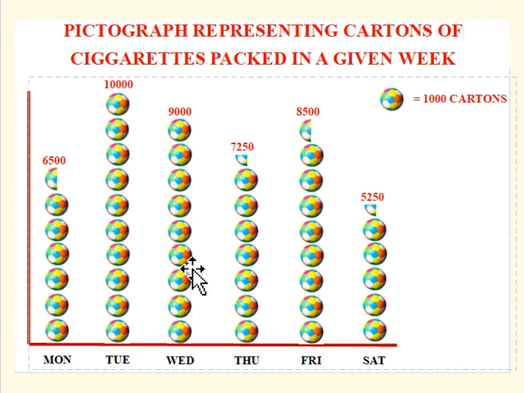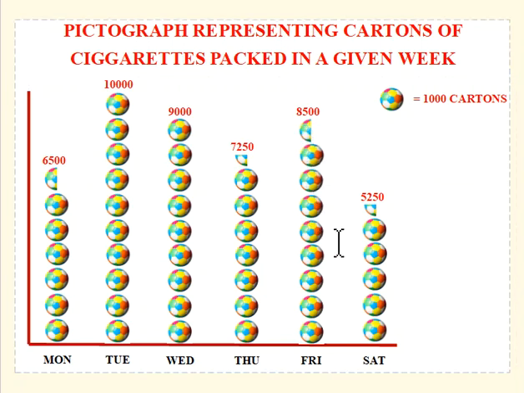Then Wednesday, we have 9 representing 9,000. And then Thursday, we are having 7 of the balls, 1, 2, 3, 4, 5, 6, 7, plus a quarter, which is 250. And then Friday, we have 8 balls, 1, 2, 3, 4, 5, 6, 7, 8, and a half. That means 8,500. That's what it represents.